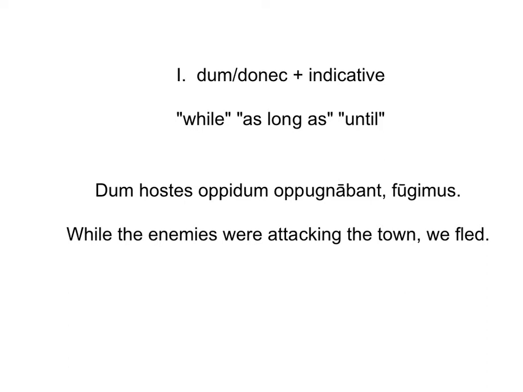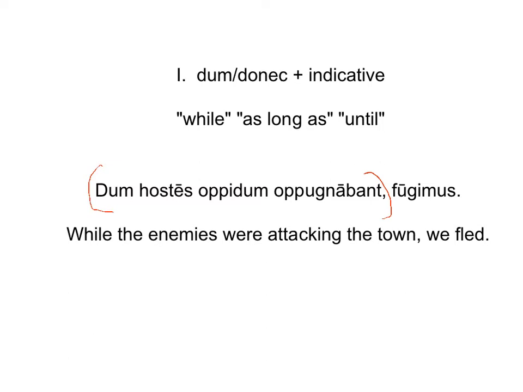If we take a look at the example sentence here, you have the dum hostes oppidum oppugnabant. So the first set of subordinating conjunctions that we have is dum and donec. Both are interchangeable with no difference in meaning. It's followed by the indicative, and it means while, as long as, or until.